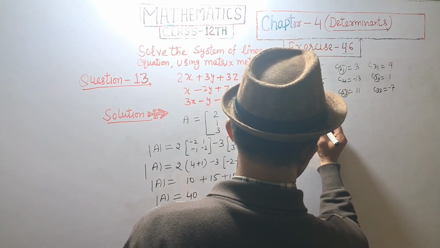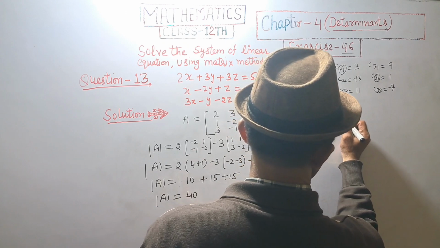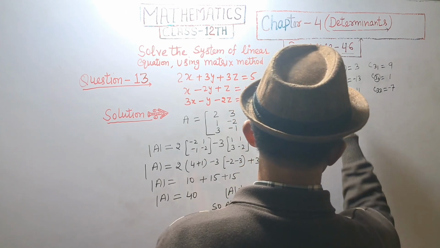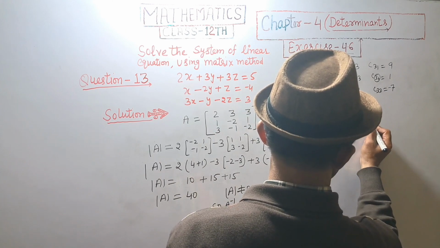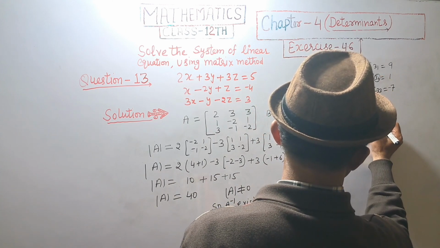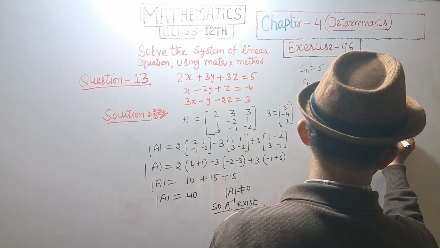And we find adjoint A, that is equal to 5, 5, 5; 3, minus 13, 11; 9, 1 and minus 7.